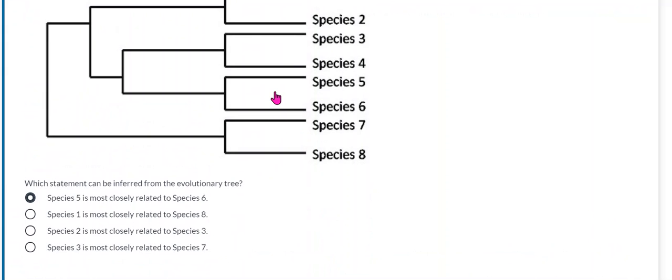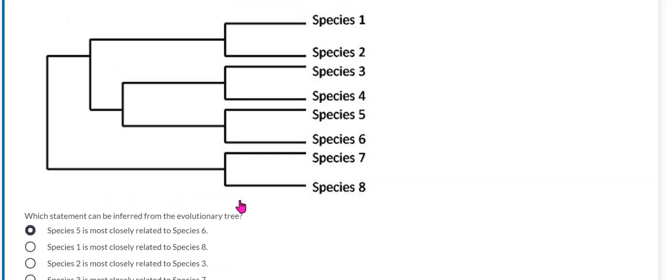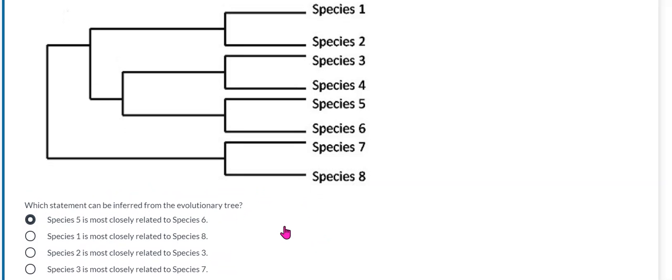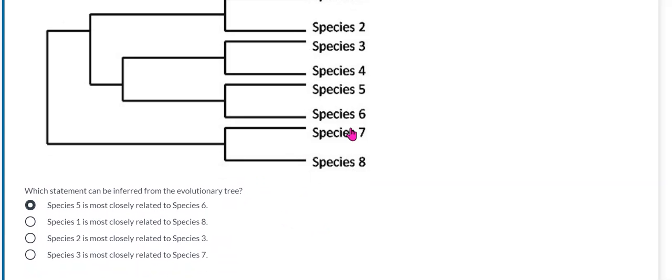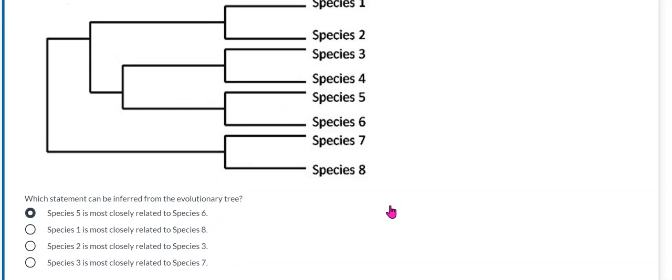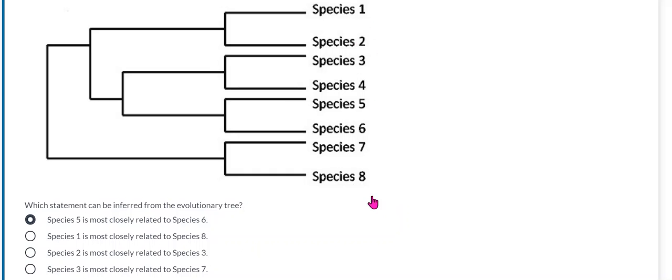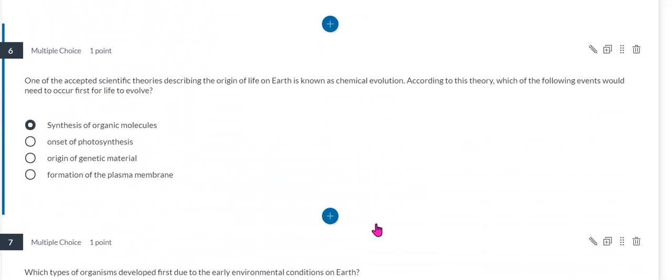The best option is that species 5 is most closely related to 6, because you can see that 5 and 6 have a common ancestor somewhere here, which even though it is not shown here, they branched off from one particular line of evolution that you see right here. The other options do not give that closeness, and the first one, 1 and 8, are right on the two ends. They are completely separated, so that's why.